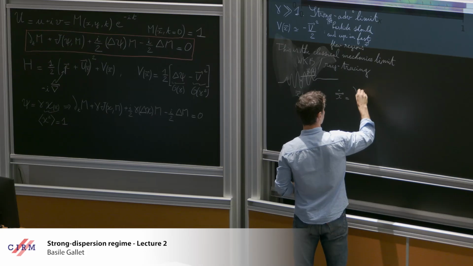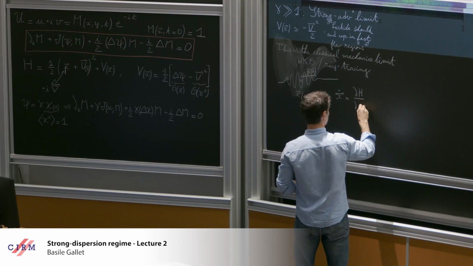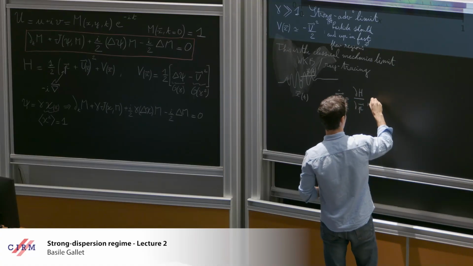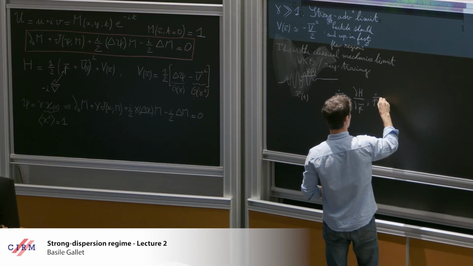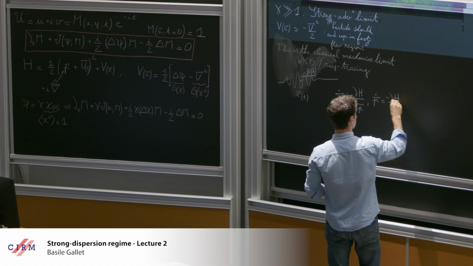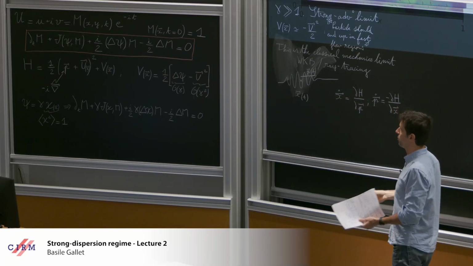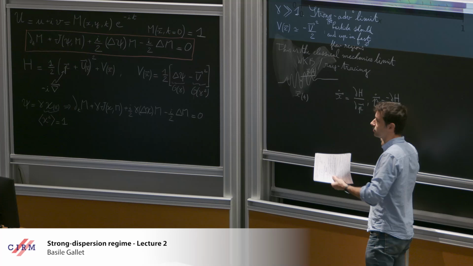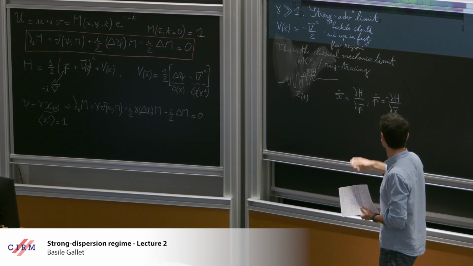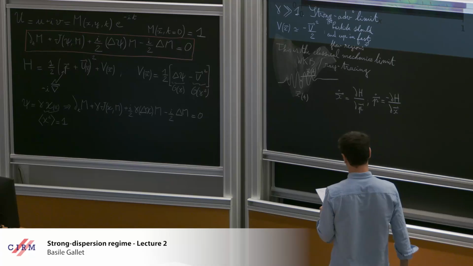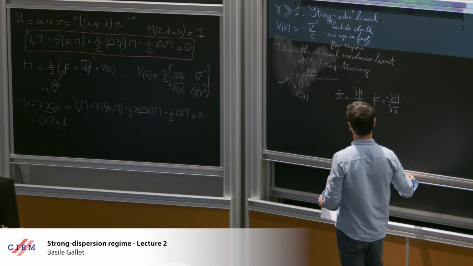So x dot will be dH/dp, well, this is to be understood component-wise, and p dot is minus dH/dx. Okay, so that's equivalent to Newton's second law, but the starting point of equilibrium statistical mechanics is this Hamiltonian point of view. Okay, then there's the Liouville theorem.